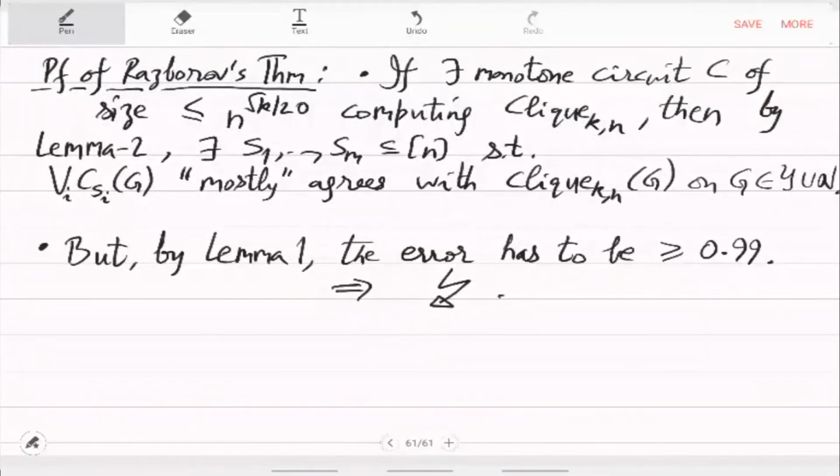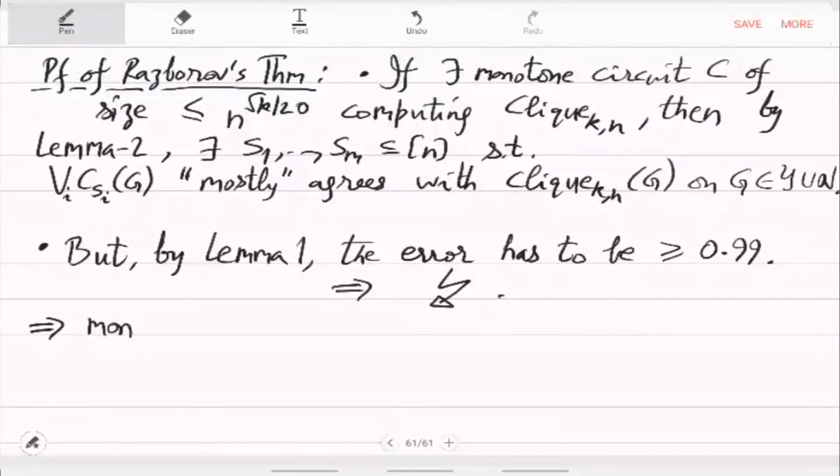Lemma 2 is saying that m clique indicators are agreeing with clique on 90% of the cases. On the other hand, lemma 1 is saying that they can agree on at most 1% of the cases. So it's a big contradiction.